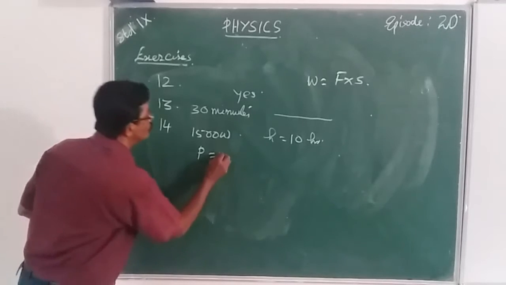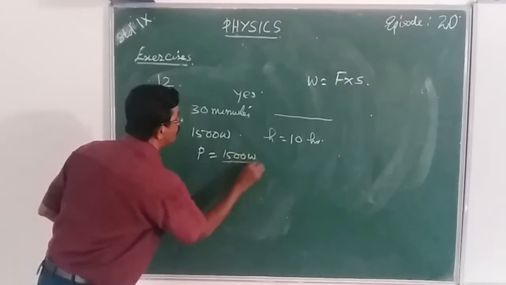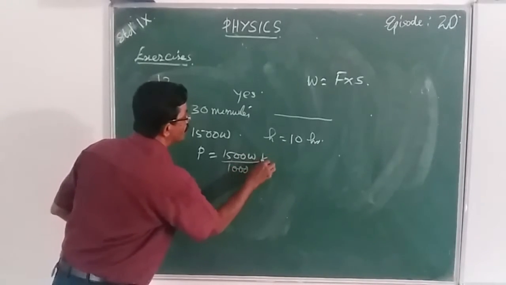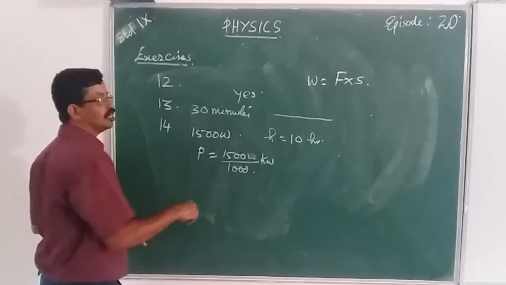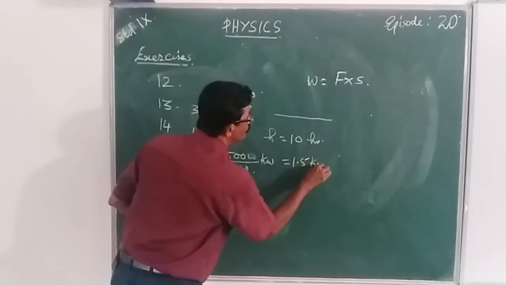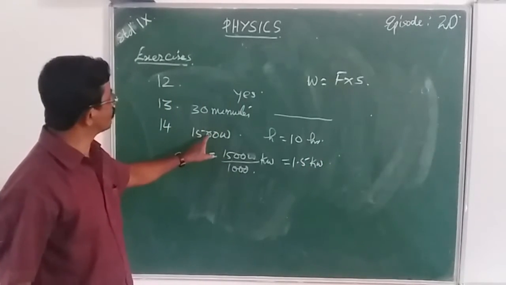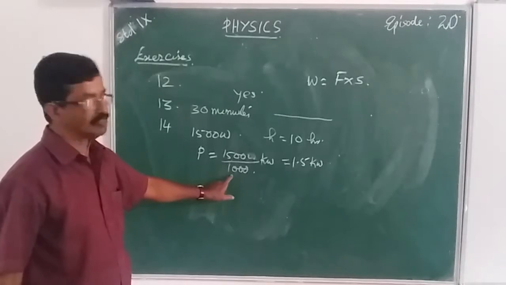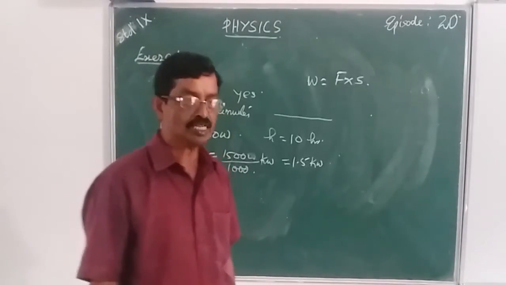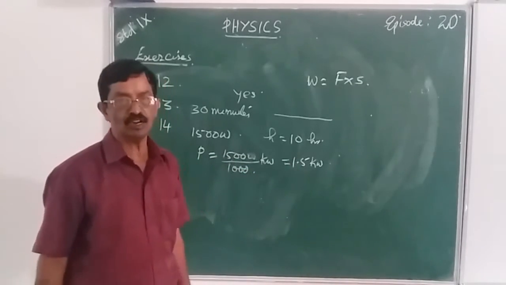Dividing by 1000, it becomes kilowatt. We know 1000 watt is 1 kilowatt. So 1500 by 1000 is equal to 1.5 kilowatt.